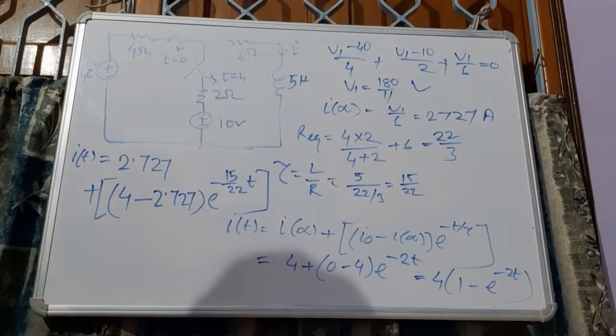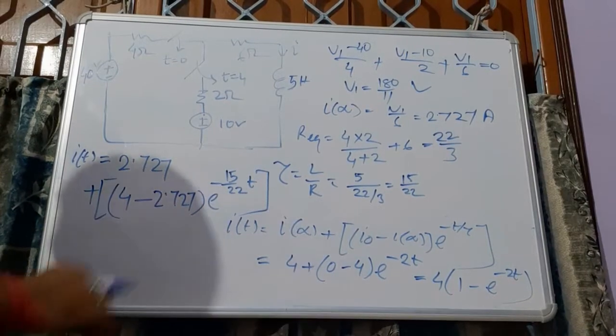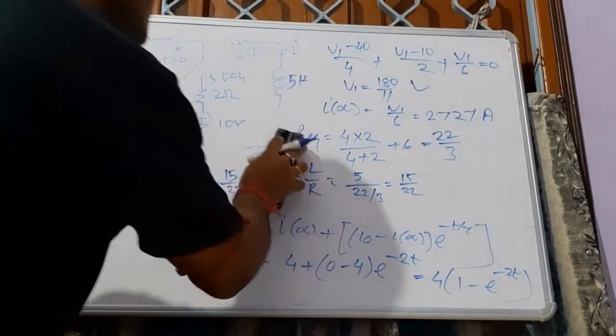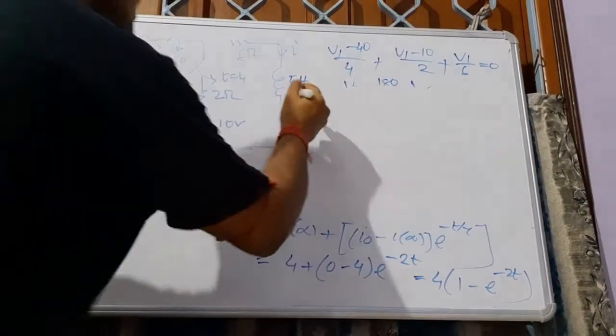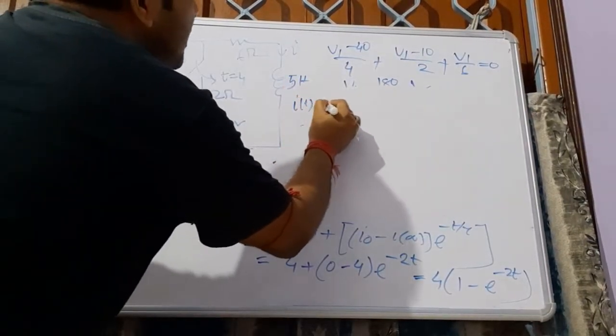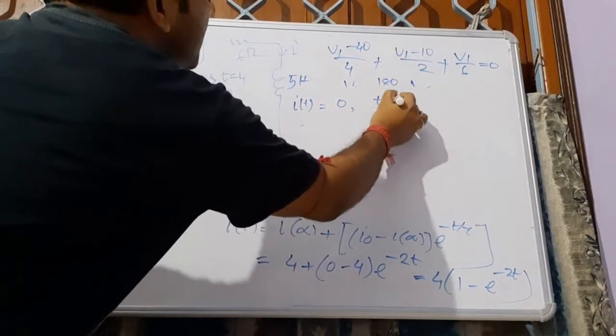So we can write the expression of I(t) like this: I(t) equals to 0 for t less than 0.